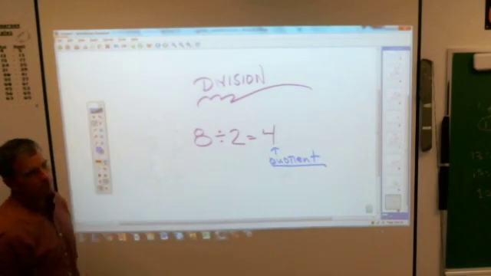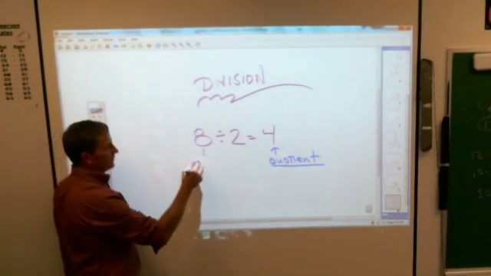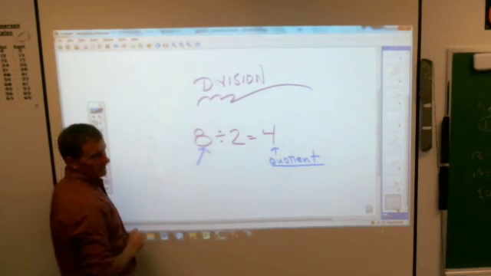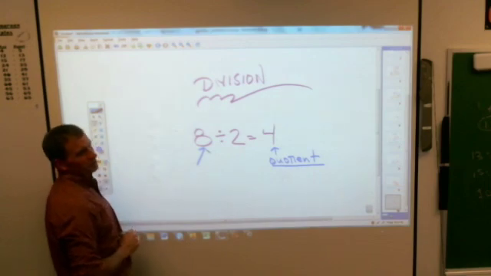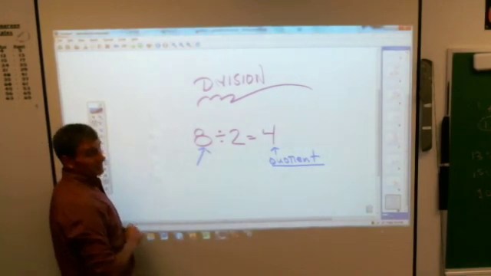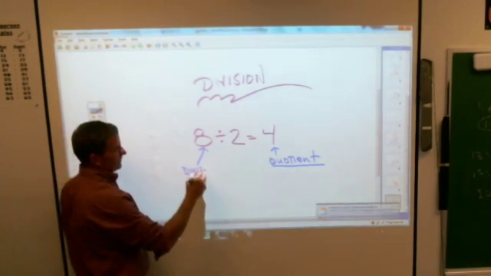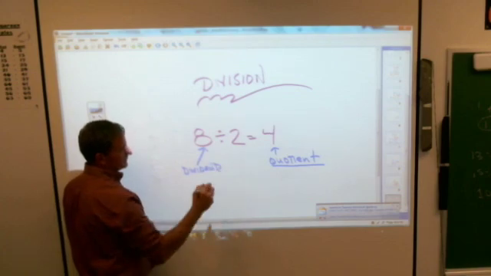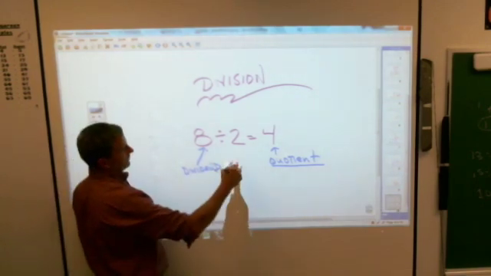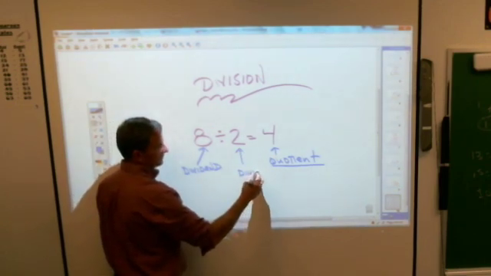These other two you will rarely hear. Do you remember this, Marilyn? The first one is the dividend. And Trevor says, I remember the middle one is called the divisor.